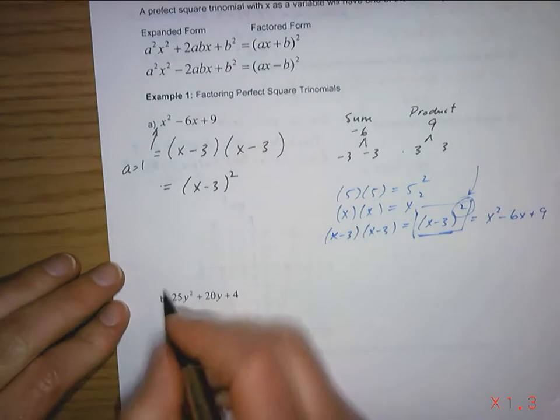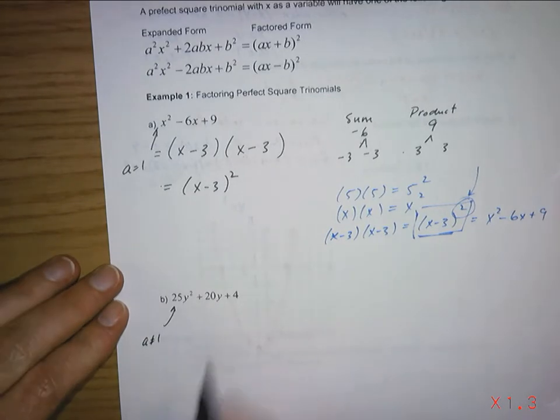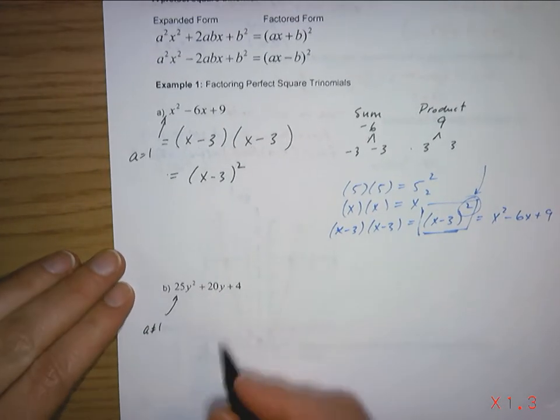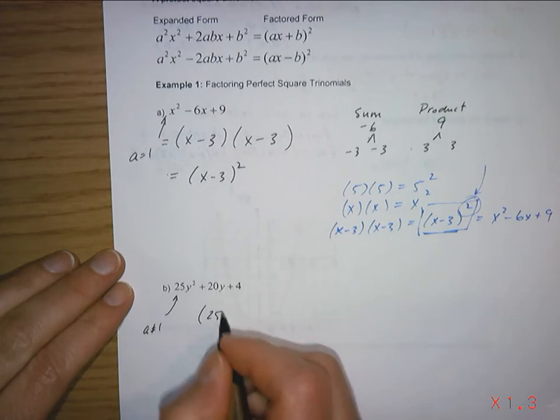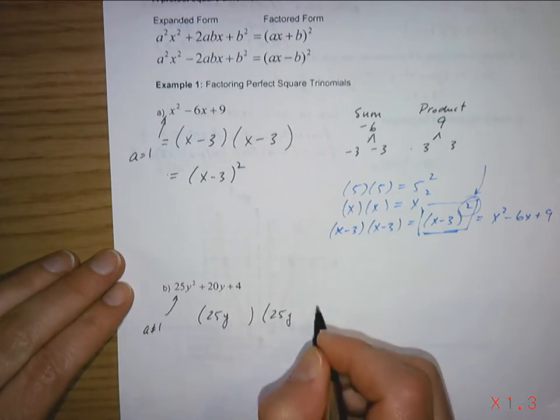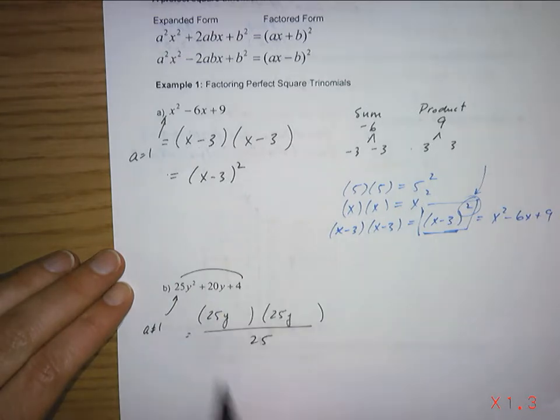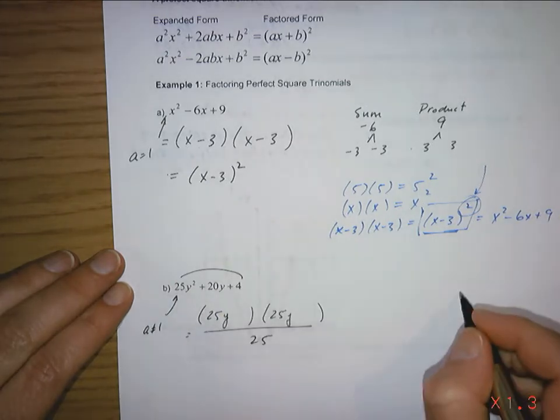So here's another one. The only difference is you'll notice that this a value is not equal to 1, and we can't common factor it out, so we're looking at using the seesaw method. So 25y squared plus 20y plus 4 over 25. Looking for two numbers that multiply to give 100.